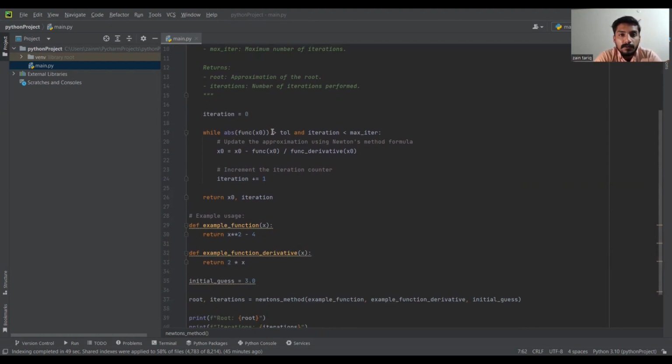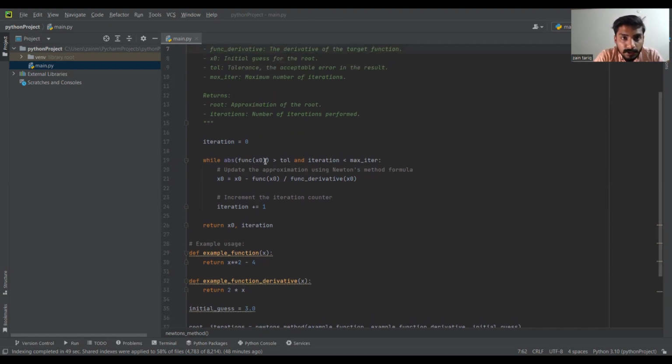So I have defined a formula over here, which is a while loop. The absolute value of the function at the initial guess x0 will be greater than the tolerance, and the total number of iterations will be less than the max iterations.